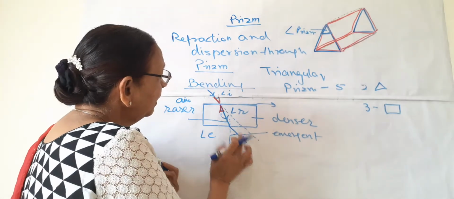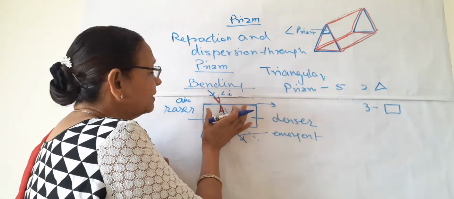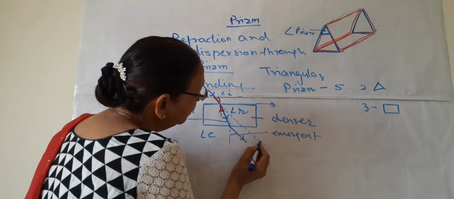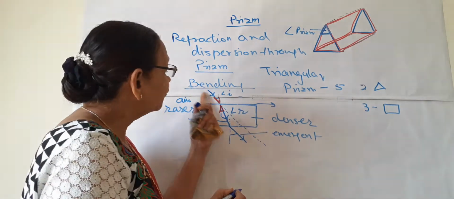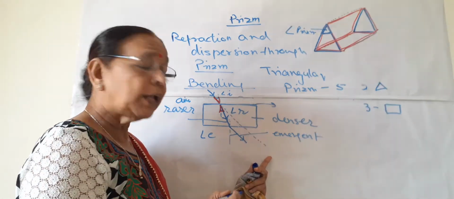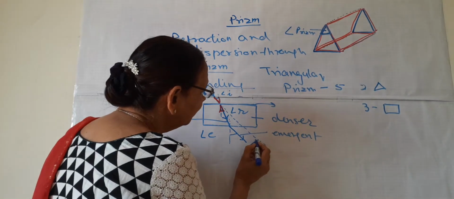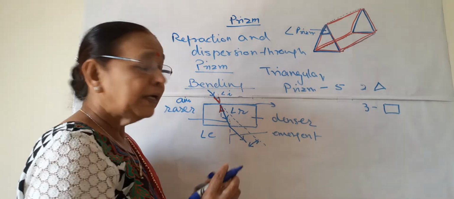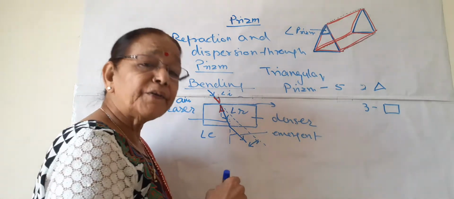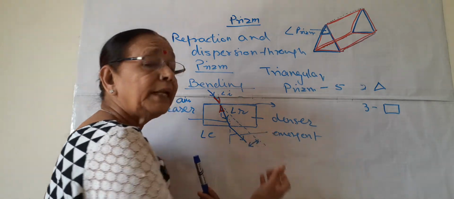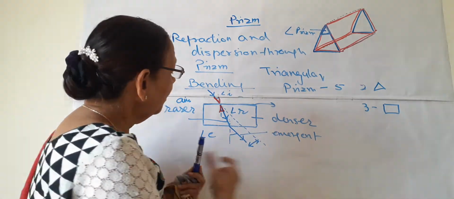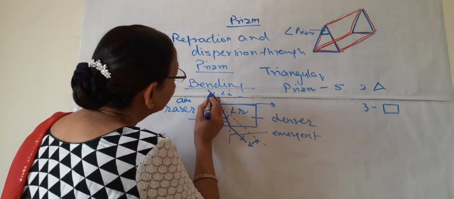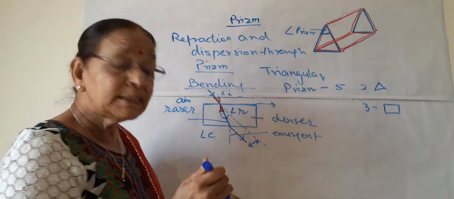But normally, if there were no glass slab, then this ray should go like this, straight. So this is a shift, and this is known as lateral displacement or lateral shift. And this emergent ray is parallel to this incident ray.